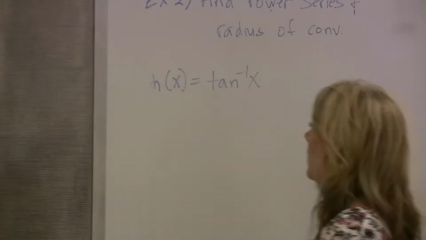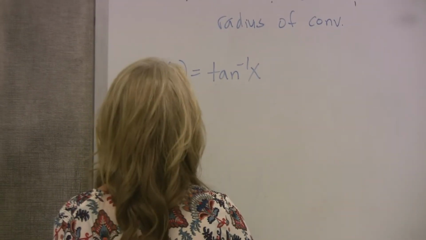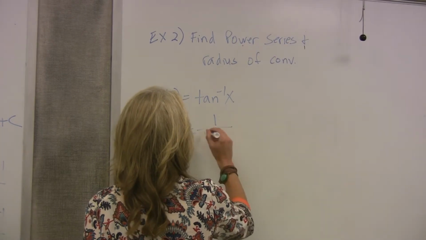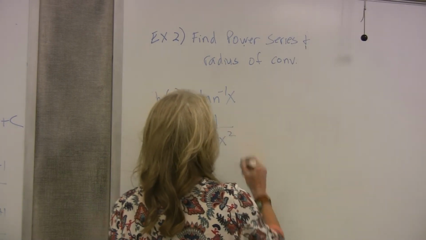Anybody know anything about the inverse tan? Oh, we know the derivative of it, which I've only asked you to memorize like 100 times so far this semester. 1 over 1 plus x squared. So Chad remembers the derivative, and he was right.